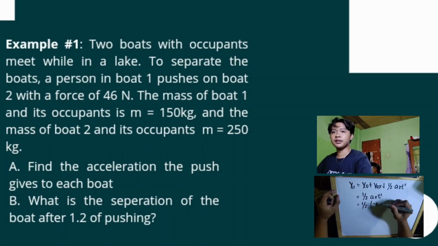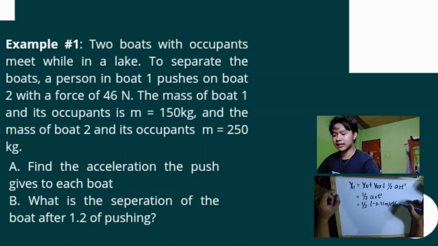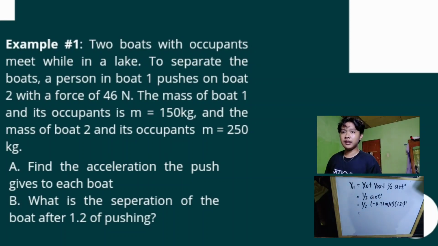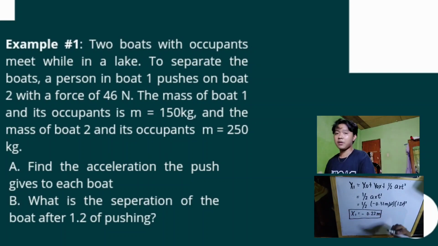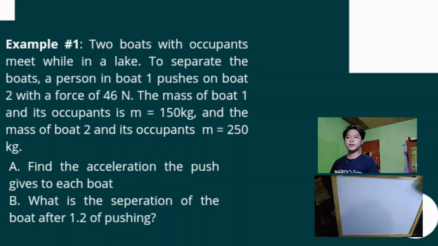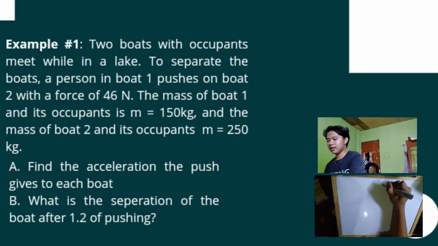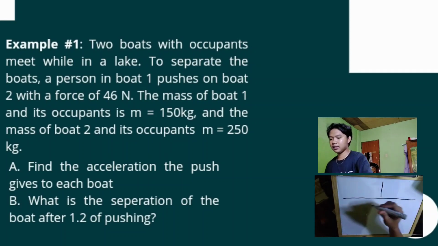Negative 0.31 meters per second squared multiplied natin sa time na 1.2 second squared. In this, ika-cancel ulit natin si second. Ang magiging answer natin ay negative 0.22 meter. So this will be the answer for our x sub 1. Para mas malinaw, i-illustrate natin yung nakuha nating answers.